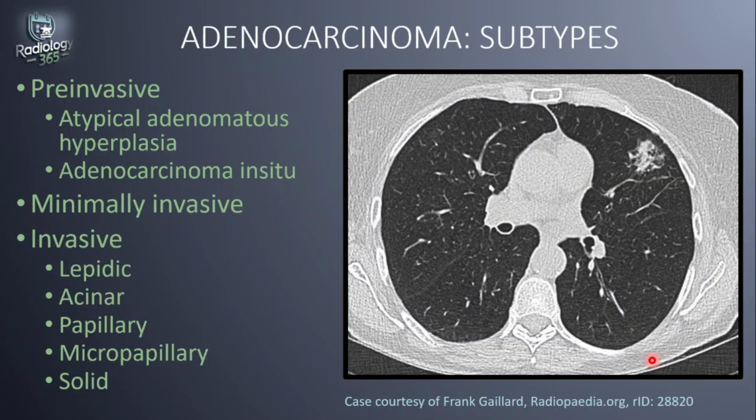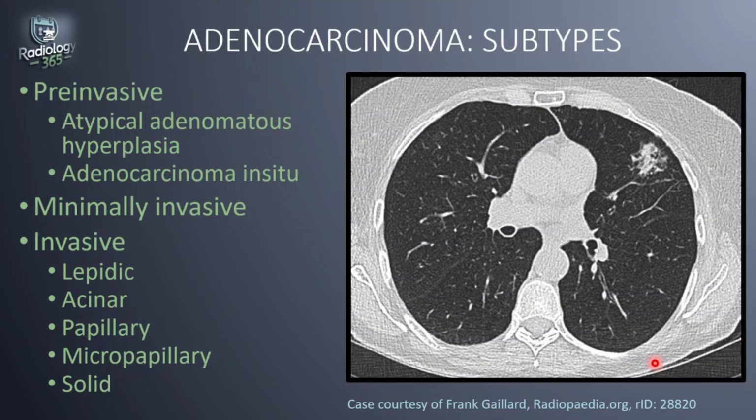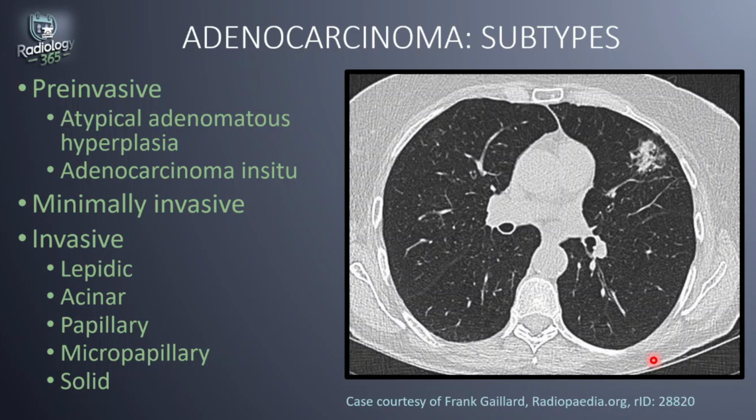Now, lung adenocarcinoma is primarily categorized on the basis of histopathologic evaluation. So if you just make a diagnosis of adenocarcinoma, that's fine. But I think it's important to also know some of the subtypes of adenocarcinoma histologically, because there are some radiologic correlates.